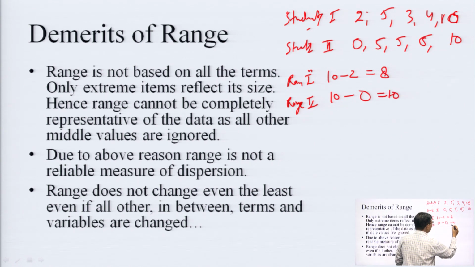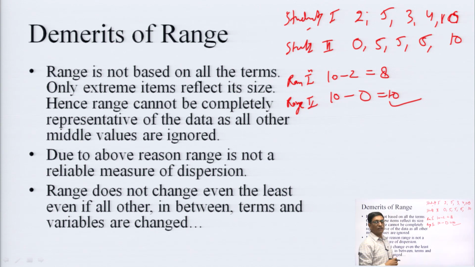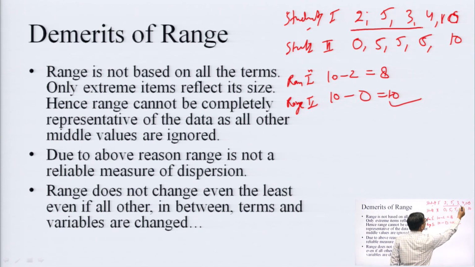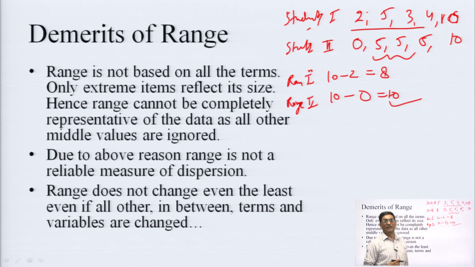So, if you see here, with the help of range the second student has more variation, but actually the variation in the first data is more than the second, because in the second data there are 3 values that are consistent.